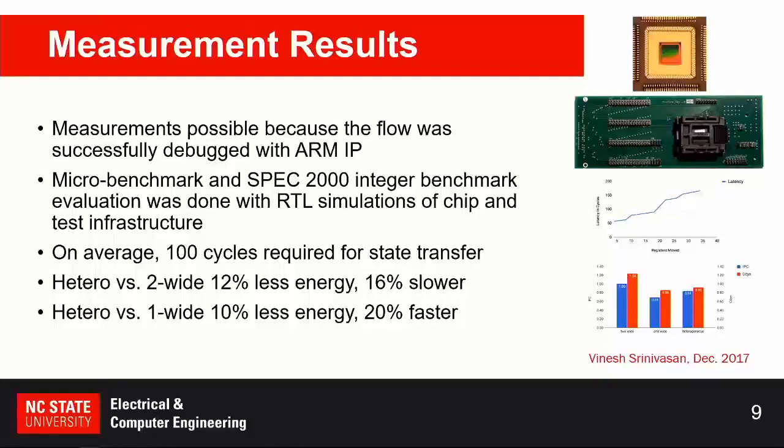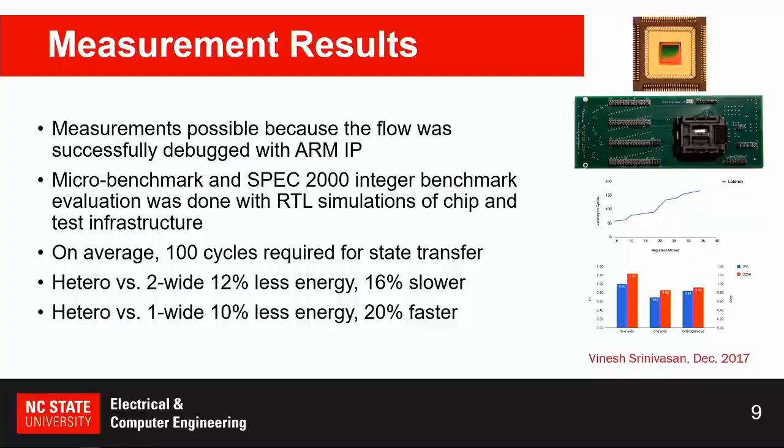Right, so the two-wide was, we want to show that for this range of benchmarks we can use less energy than by just having the large core, by migrating certain parts of the program to the smaller core.